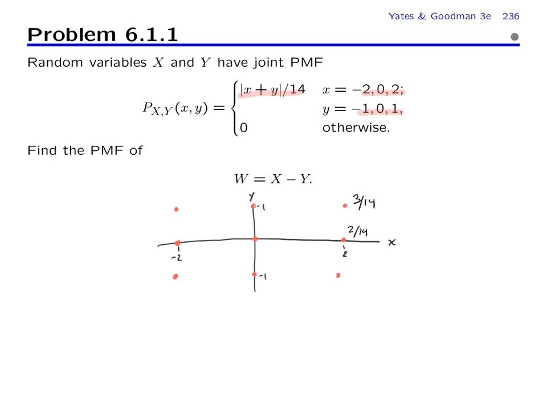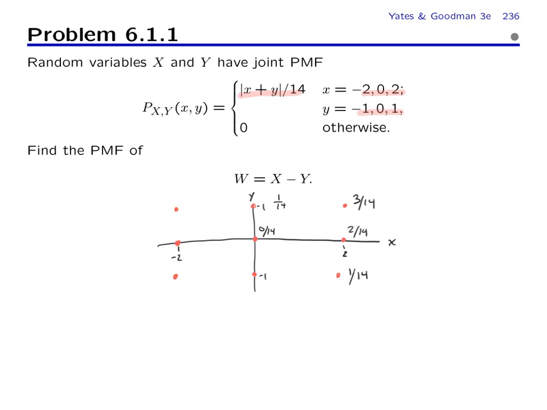And x equals 2, y equals -1, we get 1 over 14. And the other probabilities: y is 1 and x is 0, this is probably 1/14. X and y equal to 0, this is actually 0 over 14. We can leave it in, but in fact, that point doesn't have any probability.